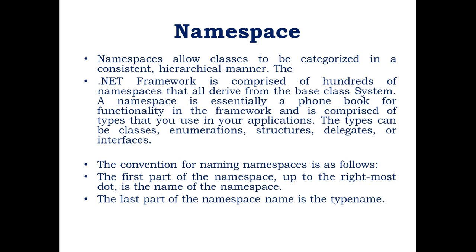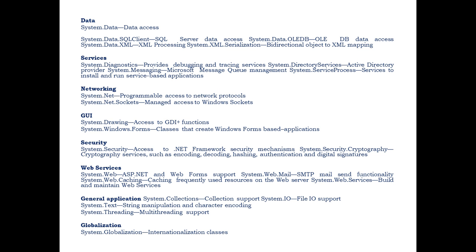The types can be classes, enumerations, structures, delegates, or interfaces. The convention for naming a namespace is as follows: the first part is the namespace up to the rightmost dot in the name, and the last part of the name is the type name. These are namespace examples.